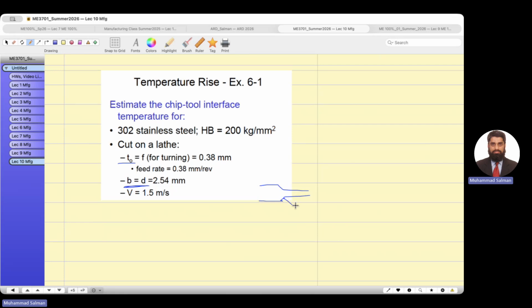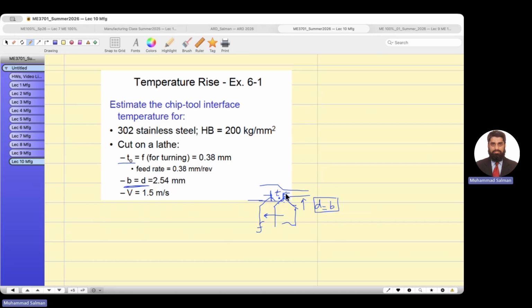So if this is the tool, the tool is moving like a feed. Suppose, in one revolution, and I'm exaggerating, the tool comes over here. From here to here is known as the chip thickness, and the depth of cut is equal to the width.